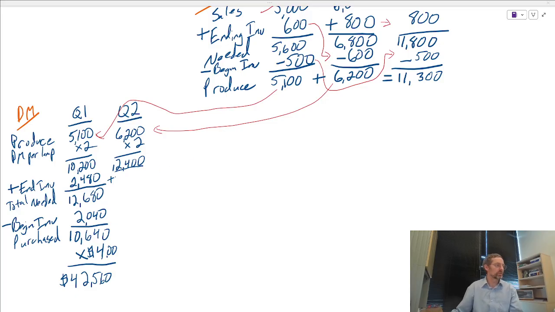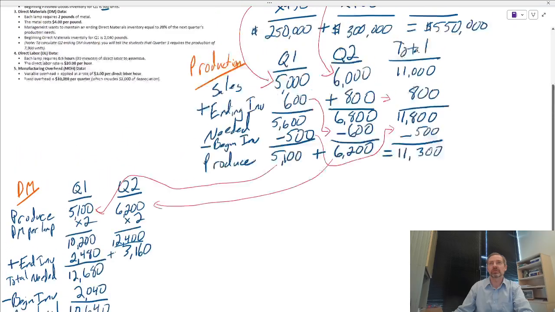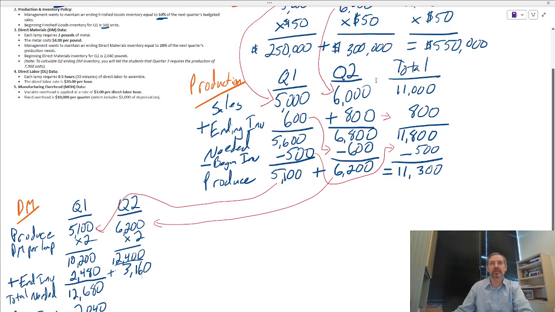let's just do a little bit of math here. It's 15,800 pounds of metal that we need for Q3. So we need 20% of that on hand, which means 3,160. Now, where would we usually get this number? This would be if we actually did a Q3 column over here.